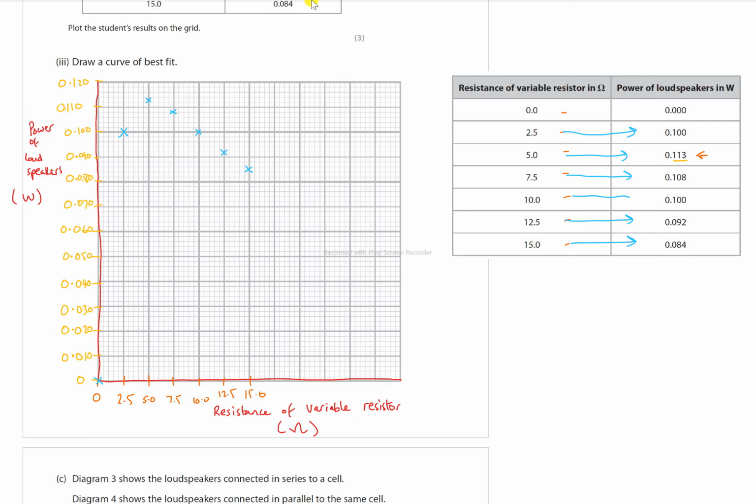So look, the curve is doing something like this. Now, curve of best fit, there you go, yeah, you could do that.